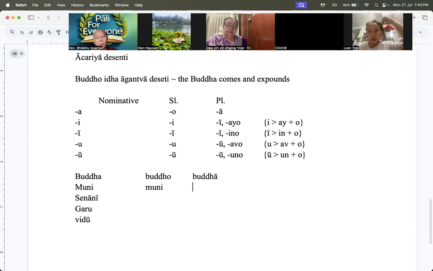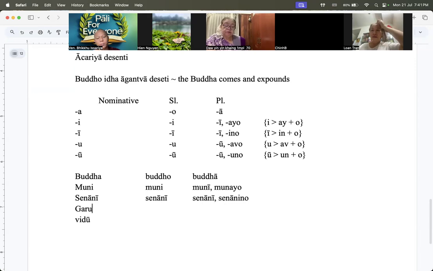But for plural, Muni, and then Munayo, Munio. And Sinani, so Sinani, and then Sinani, and the other one is Sinani but becomes short, and then no, Sinino. Okay, Sinino.